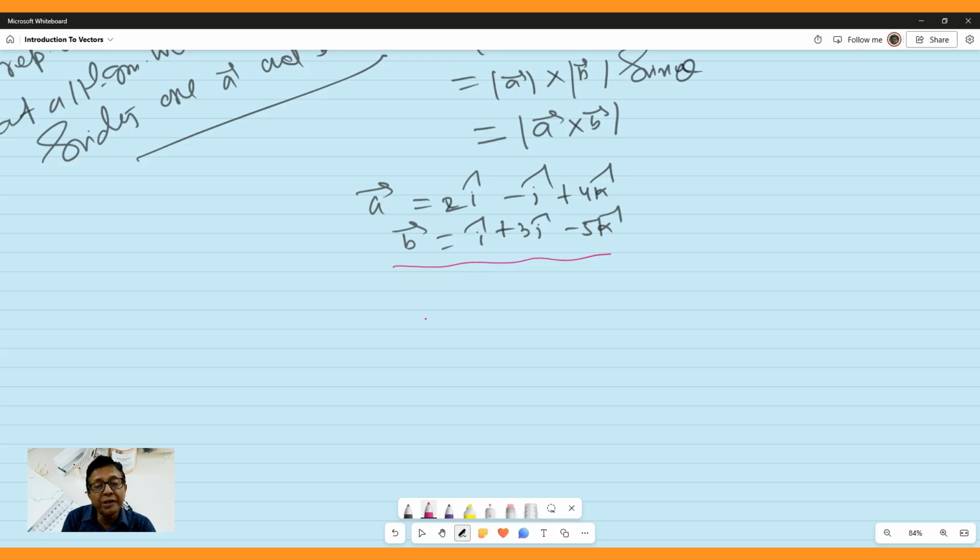What we'll do here, we'll find A cross B simply. Just A cross B. Because the answer is mod of A cross B only. So what is A cross B there? I, J, K, and this is 2, minus 1, 4, 1, 3, minus 5.